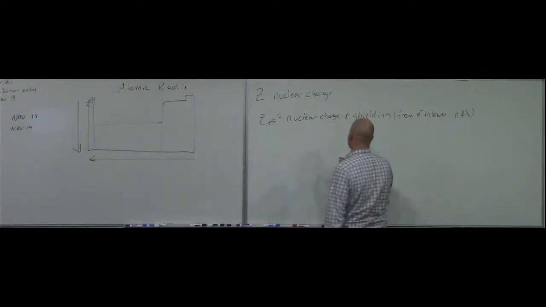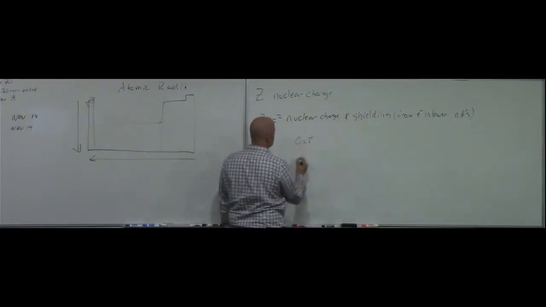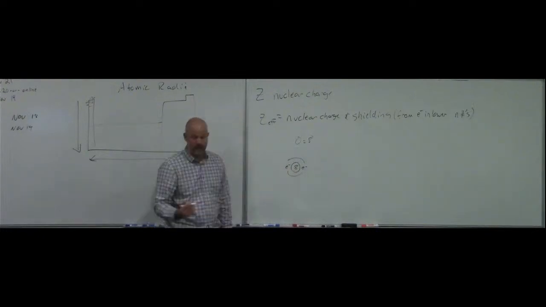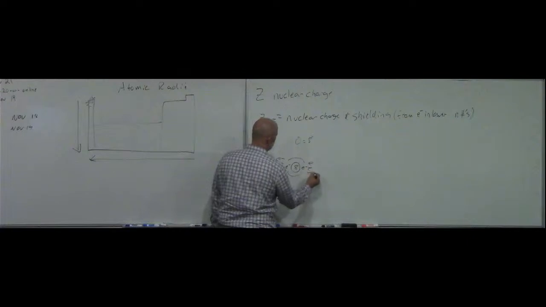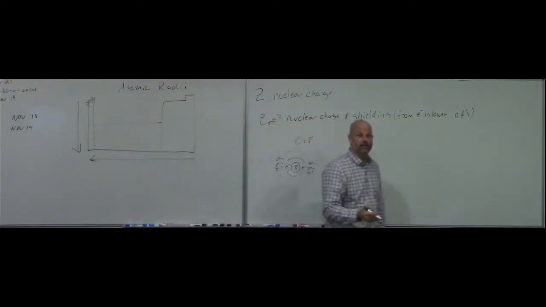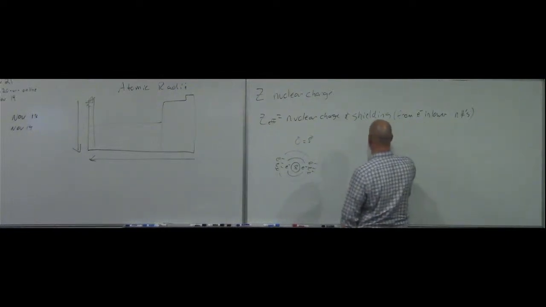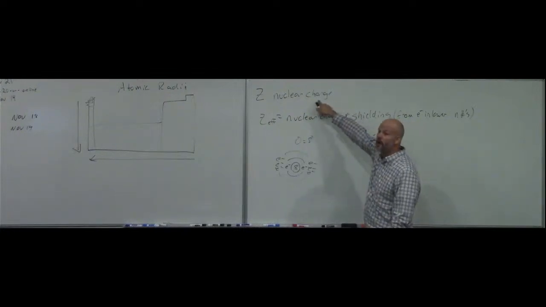We'll go back to oxygen. Oxygen has 8, right? 2 in the first. And how many in the second? 6. Okay, what's next after oxygen? Fluorine. Fluorine has 9 protons, so I've added more effective nuclear charge.